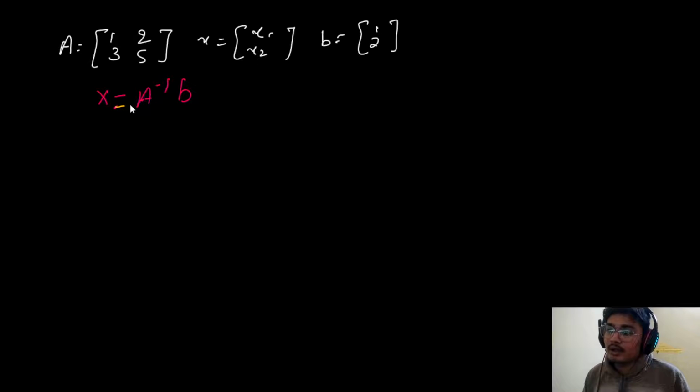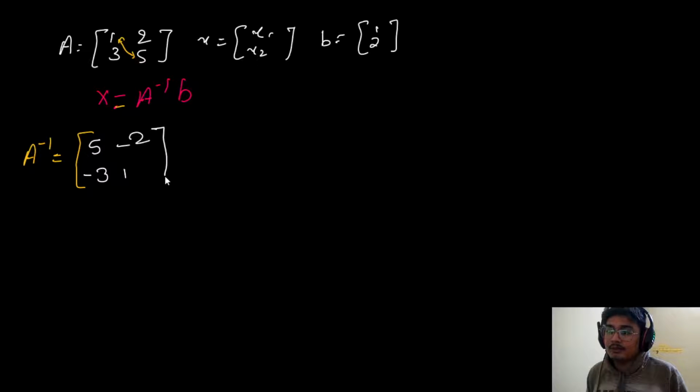For finding the A inverse of a 2 cross 2 matrix, what we have to do? Just interchange these two, so this will be 5 and 1, and write these two as they are, just put a negative sign.